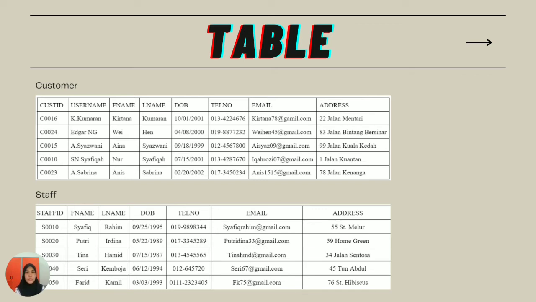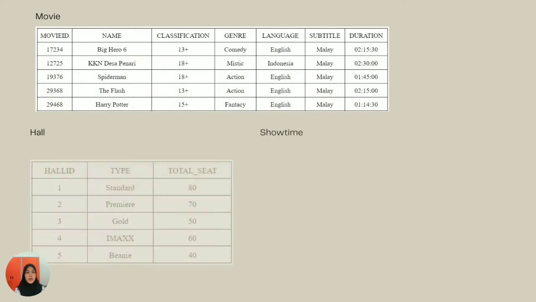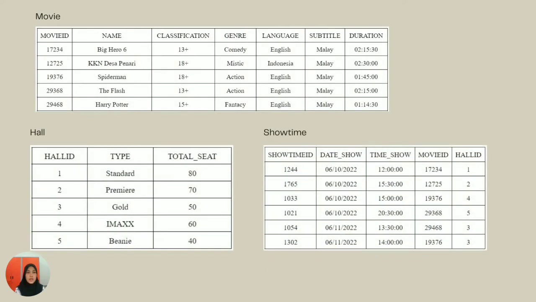We have show time ID, date show, time show, movie ID, and hall ID. Next, the table is seat. That we have seat ID, type, and price. For the table food and beverage, we have FB ID, name, type, price.